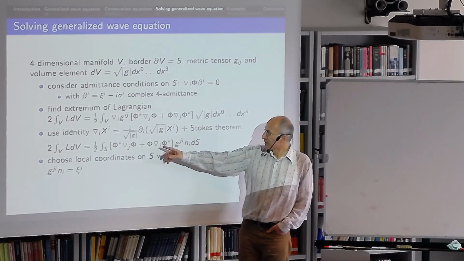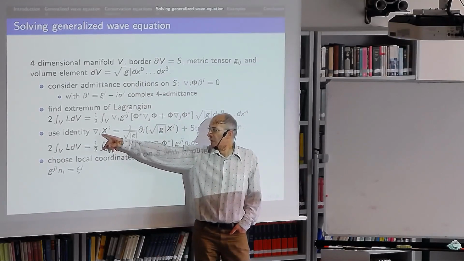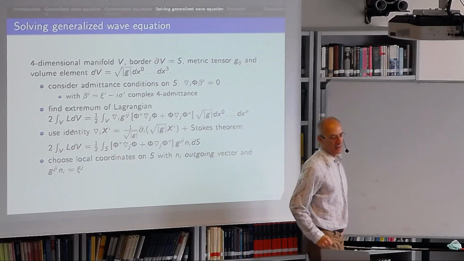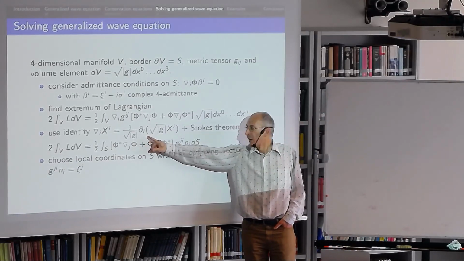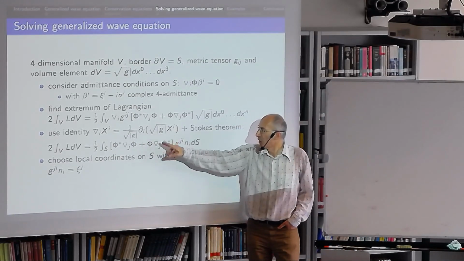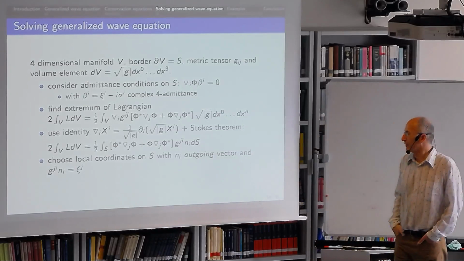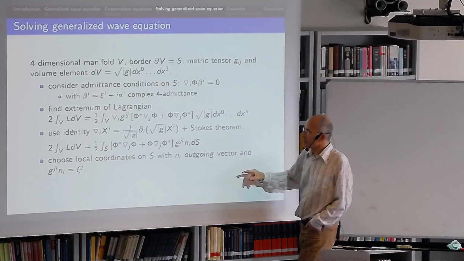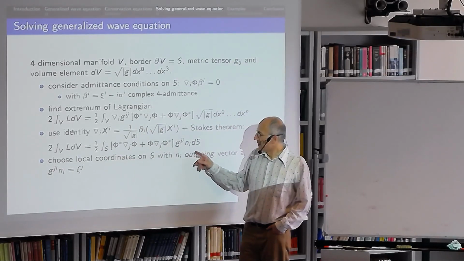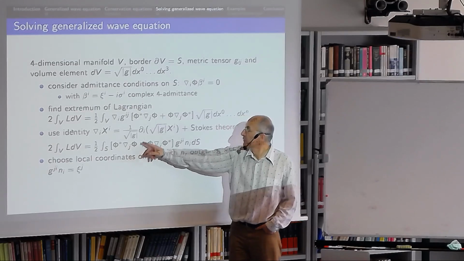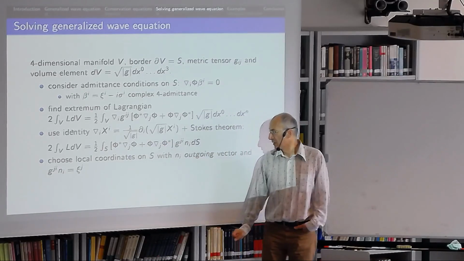But what is interesting is that I'm using this identity, which defines the covariant derivative of a contravariant vector, by just using the normal partial derivative of the contravariant vector multiplied by the volume form. And then I apply Stokes' theorem to transform the volume integral to a surface integral. And what I'm interested in is to introduce the velocity on the boundary and the conjugate velocity on the boundary.